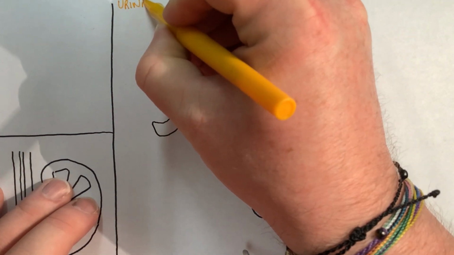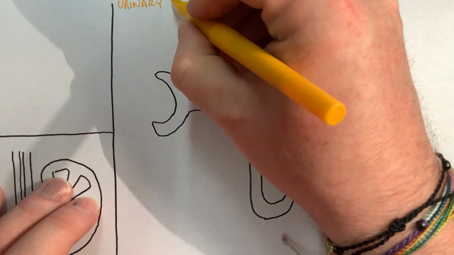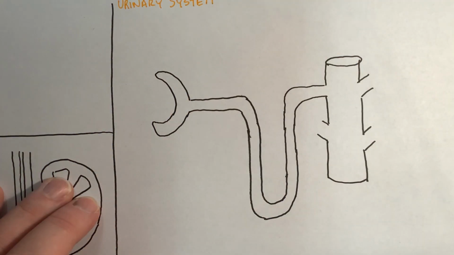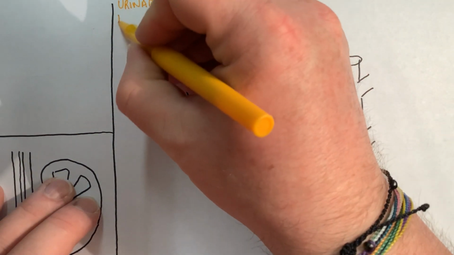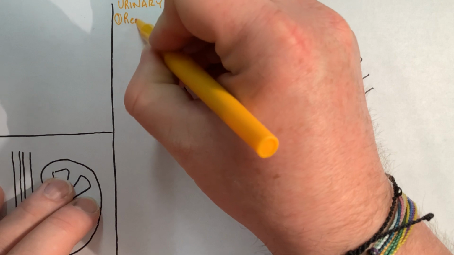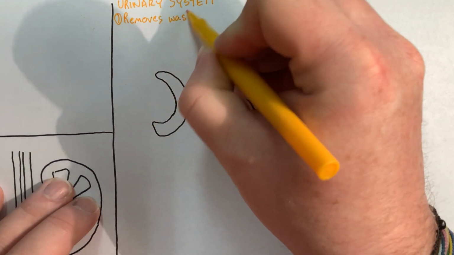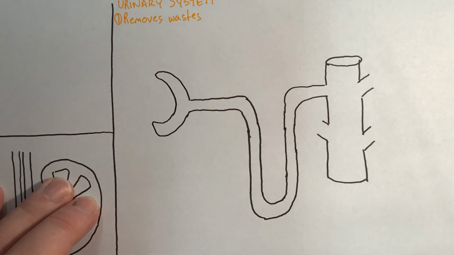I can't think of a better color to use than yellow here. So the urinary system's primary function is that it removes wastes. And I want to be a little bit more specific than that.